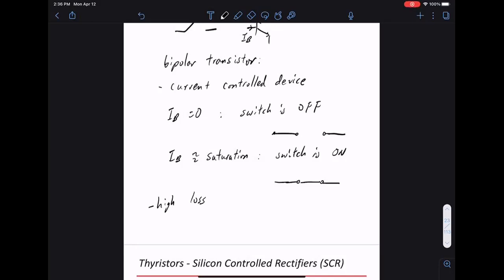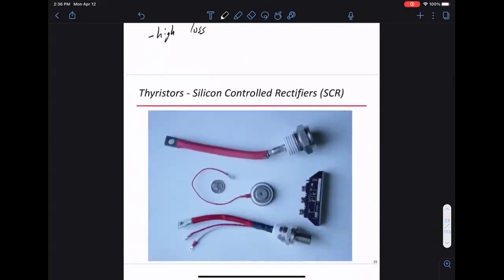So today we're going to look at something called a thyristor or a silicon control rectifier. This also allows us to electronically control the circuit, but without always putting in current. We want to put in some current for a little bit, but not while it's on.